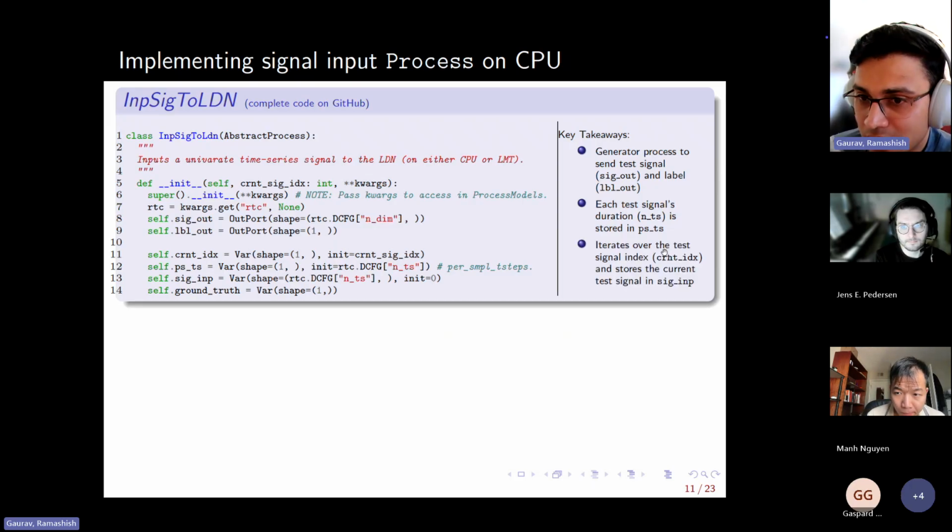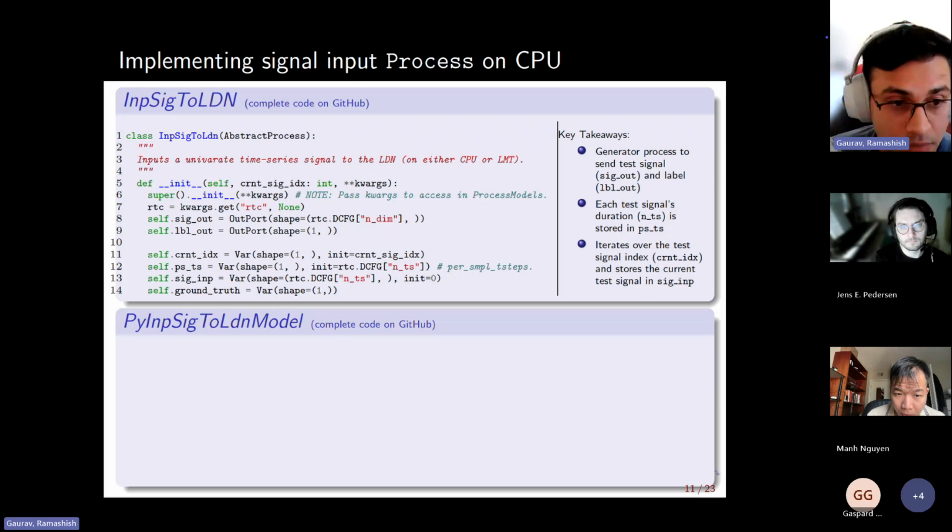This process iterates over the test signal index, which is the current index, as we will look into its implementation, and stores the current test signal, that is the existing test signal that you want to process, in the signal input variable. Now, this variable, as you can see here, is a NumPy array internally, of dimension NTS, number of time steps, for example here 140 time steps. So this entire SIG input variable is 140 time steps long, or 140 indices are there, the length of this array.